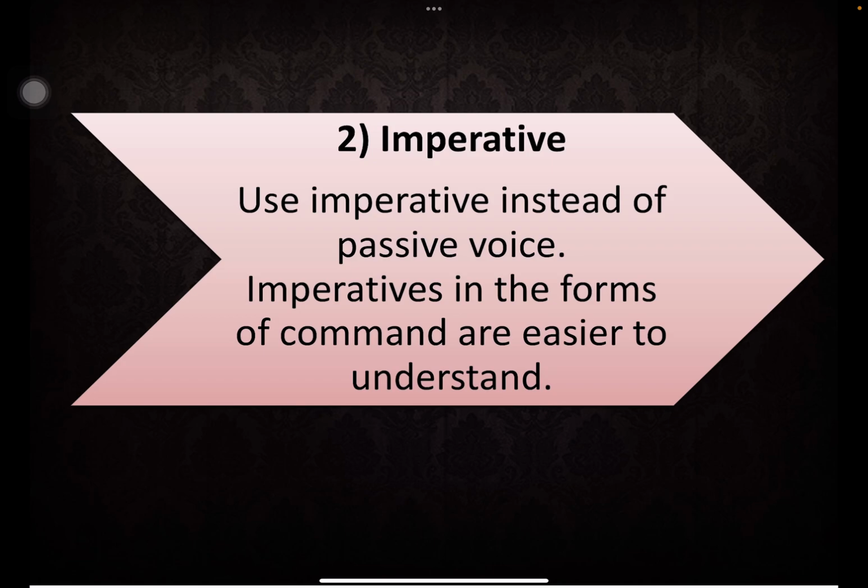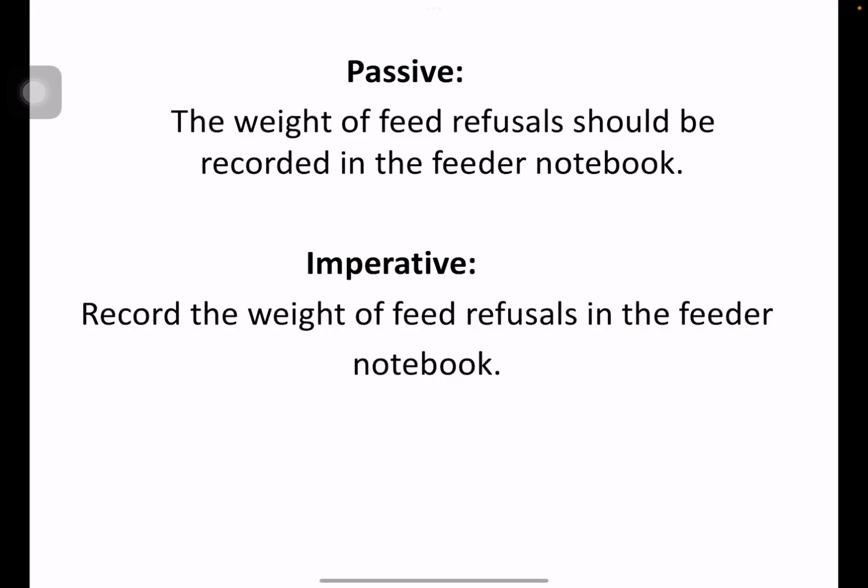Number 2, use imperative instead of passive voice. Because imperatives, as I have mentioned in our first assessment, are commands and they are easier to understand. Let's have a look at the example in the next slide.